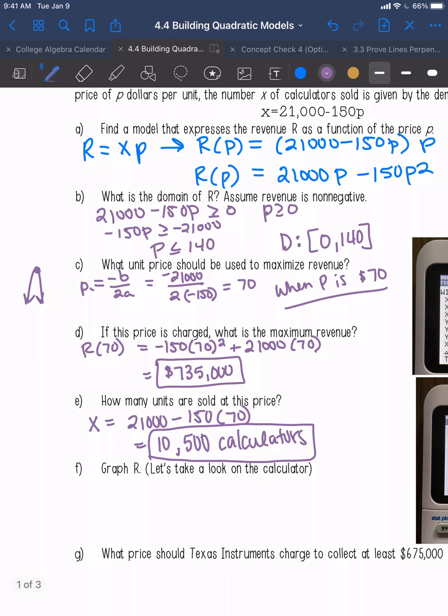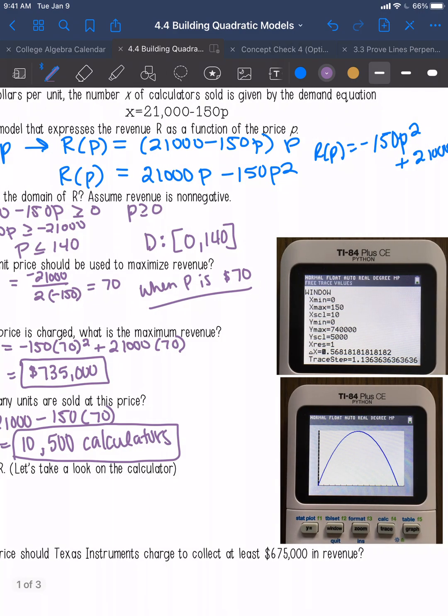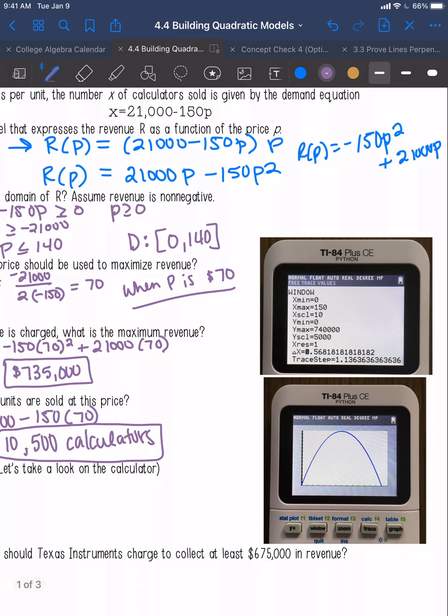Next, we're just asked to graph R. I've already got that here for us to look at. I just typed in the negative 150P squared, but instead of P, I used X, since we're doing it on the calculator, plus 21,000P. I changed my window so that I could see the graph. I made my X min 0, my X max 150 because my domain went up to 140, so I just went a little bit above.